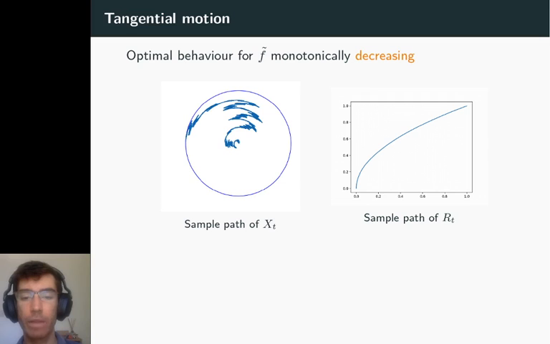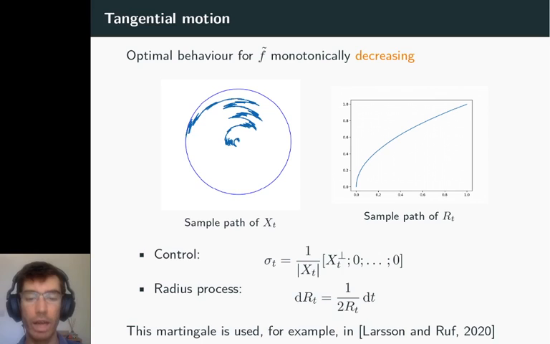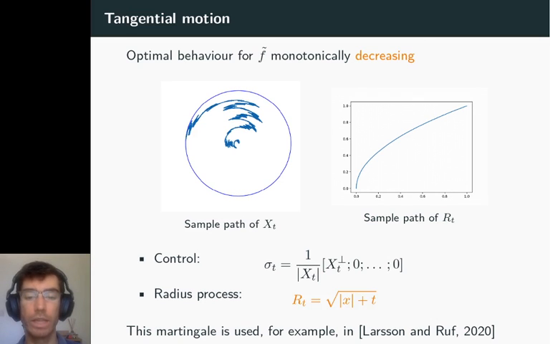You can see the sample path of the radius process on the right here looks as though it is deterministic and strictly increasing. So a control that exhibits this behavior is given here, where we choose some vector that is orthogonal to the position vector. And the radius process is indeed deterministic as the solution to this ODE, and in fact the radius is just equal to the square root of time.